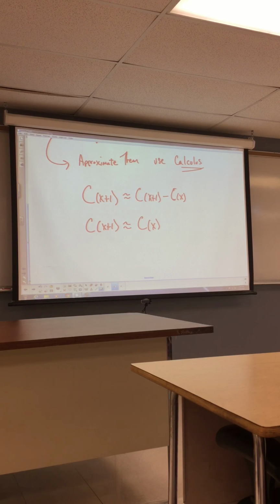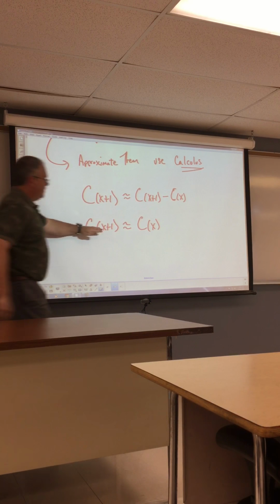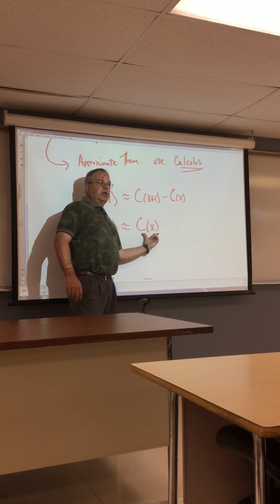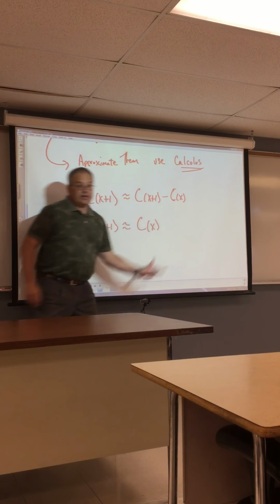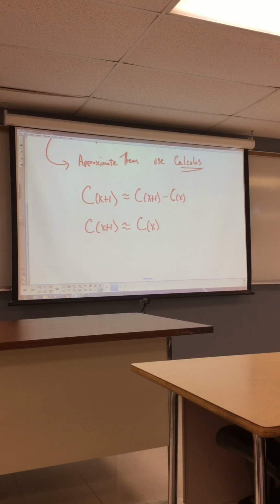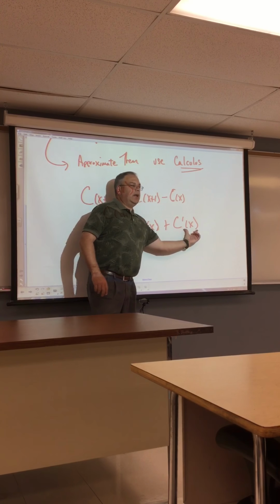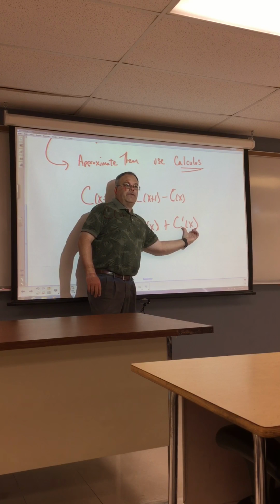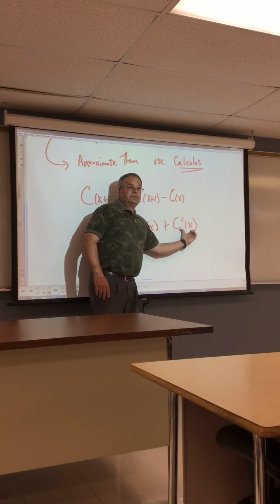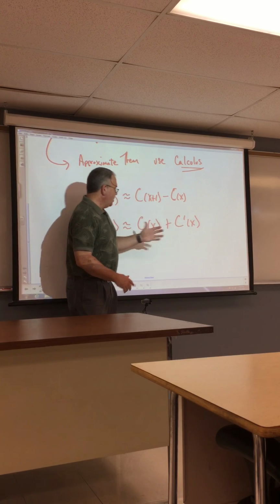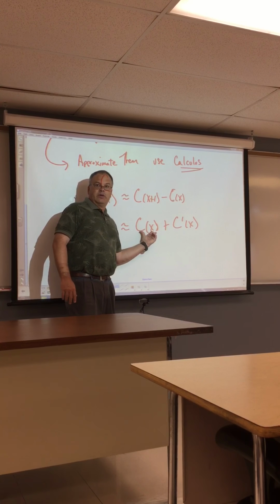Well, the way we're going to do it in the calculus world is we're going to say that the cost of making 51 items is going to be approximately equal to the cost of 50 plus the marginal cost, the marginal cost of, not 51, but of 50. We need that because we know how much it costs to make 50, correct?